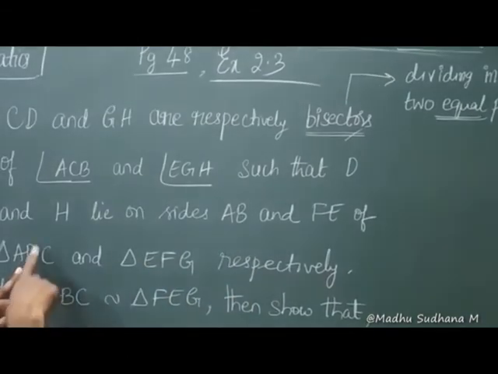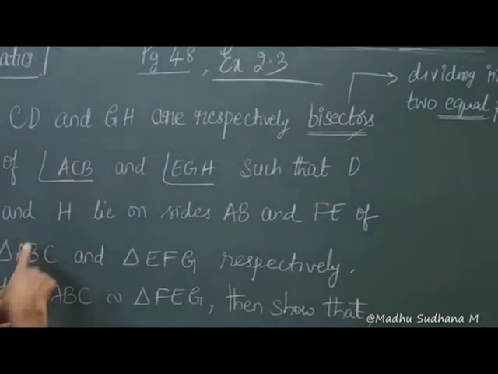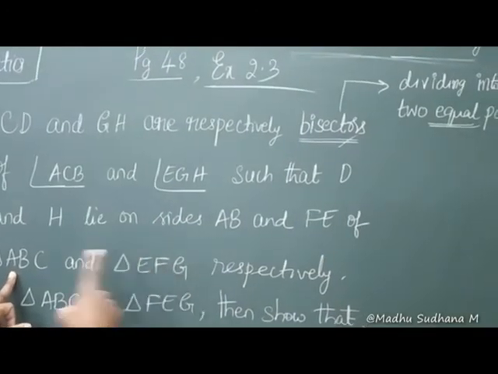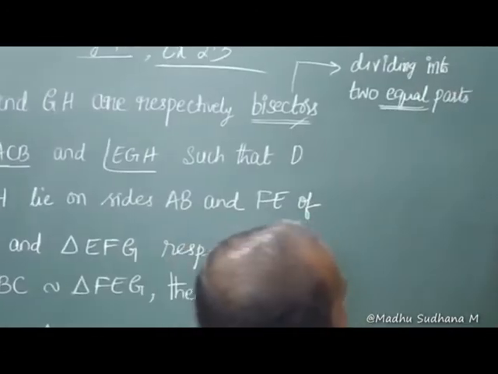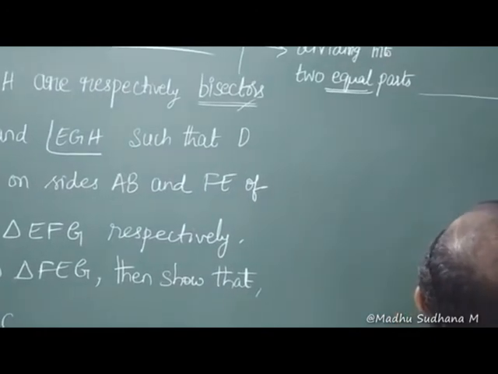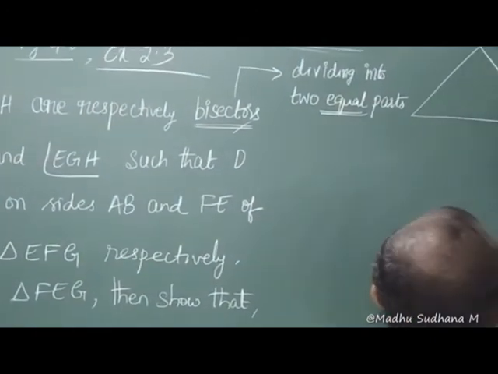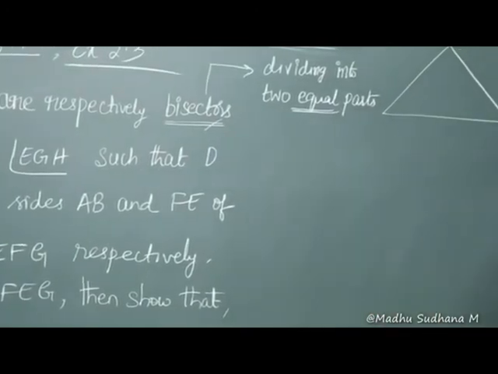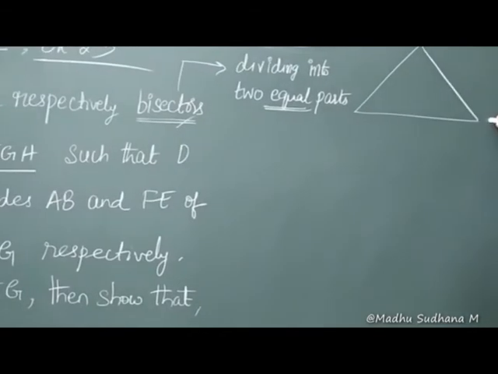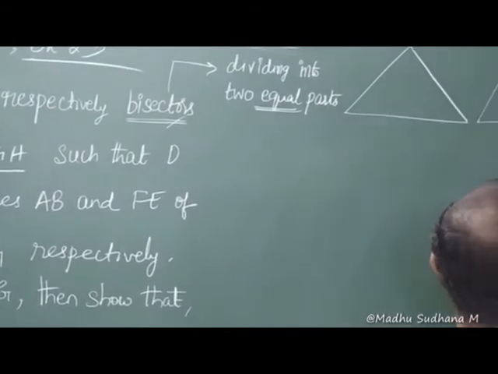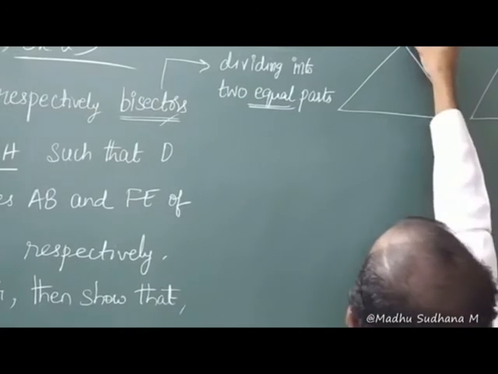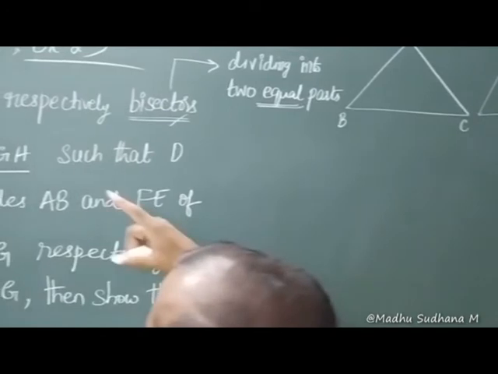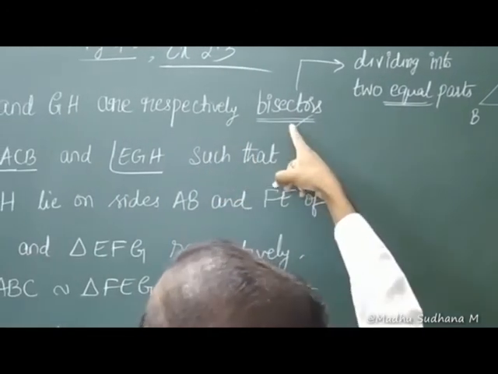So ABC corresponds to this angle ACB for this part, EGH for this part. So we have two separate triangles here. So let me write, this is one triangle. If this is one triangle, we have one more triangle here. So let me call this A, this B, and this C. CD and GH are respectively the bisectors.